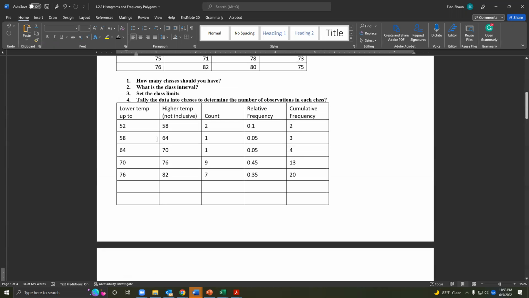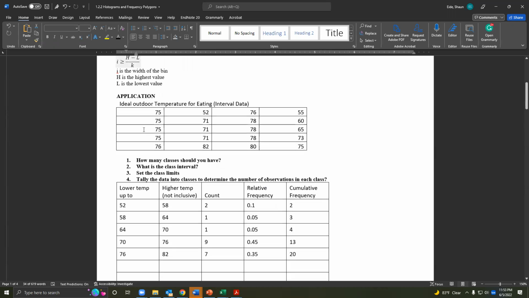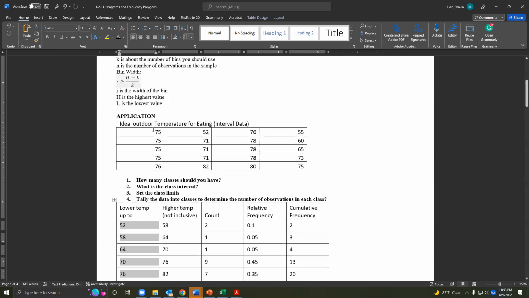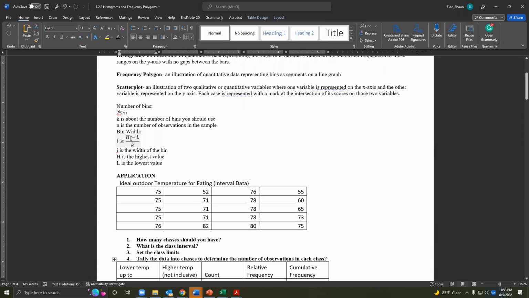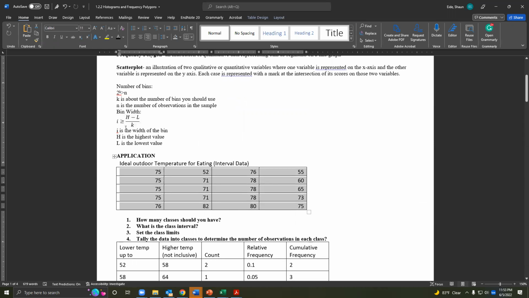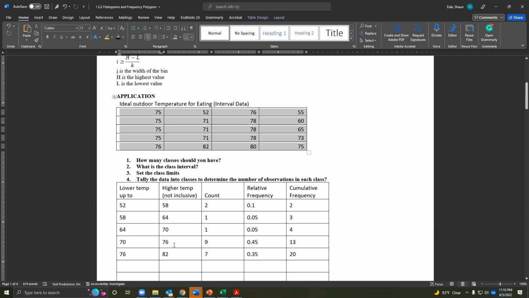Okay, so what we have here is a total of 5 different classes, and we did the 2 to the k is greater than n rule to say, hey, 2 raised to the 5th, what is that, 32, which is greater than the 20 observations that are here. And so then we found the max minus the min, and so that's 82 minus 52, so that's 30.